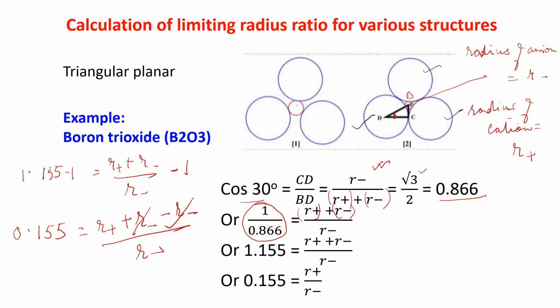R minus will get cancelled. So what I am getting is 0.155 is equal to R plus by R minus. Now R plus by R minus is nothing but the radius ratio. So for the trigonal planar, the radius ratio is coming to 0.155. Am I clear to you?